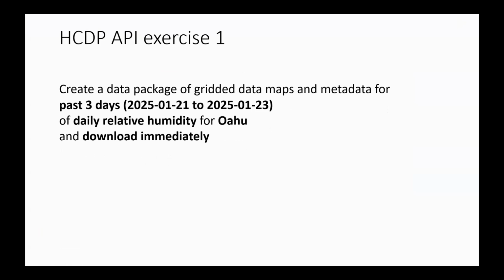So I think for this first one, Jared, why don't you just take the screen from me and show people how to do this one right away. Jared is going to show you how you can use the notebook that he has and change the different variables in the notebook to get this data request. So go ahead, Jared, take my screen and go for it.